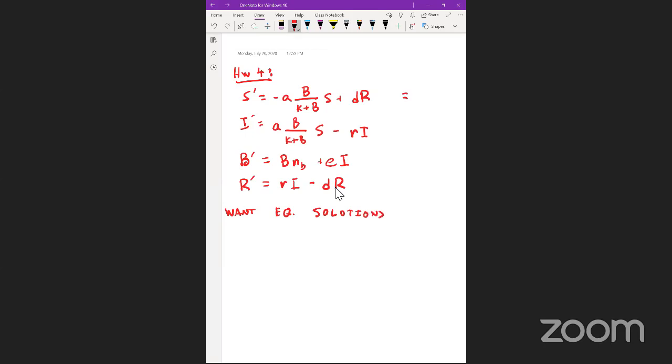In particular, that's going to be where this equals 0, this equals 0, this equals 0, this equals 0.